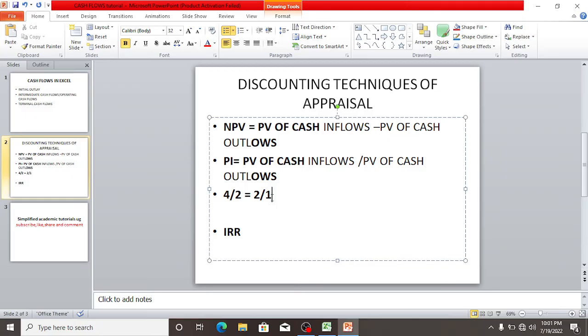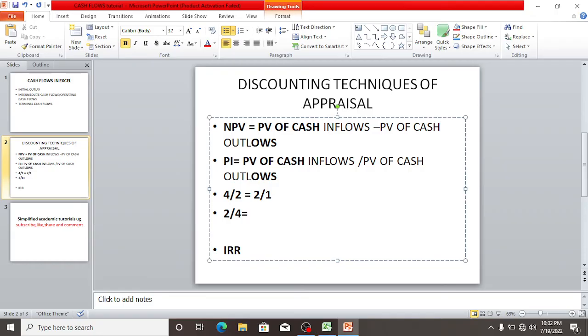Okay, there's another scenario whereby 2 is the present value of cash inflow, and the present value of cash outflow is 4. Here when you divide, it will be a half, 1 over 2, which is 0.5.